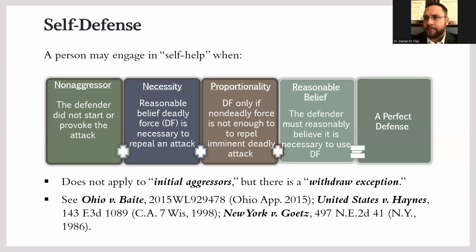So if you shot the person, but you could have stopped the attack by punching them, you have to punch them. You can't just shoot a person, right? You always have to use the least amount of force reasonable in that situation. So not only does it have to be necessary, it has to be proportional. Now, if the person has a gun, pretty much shooting them is always going to be proportional, right?